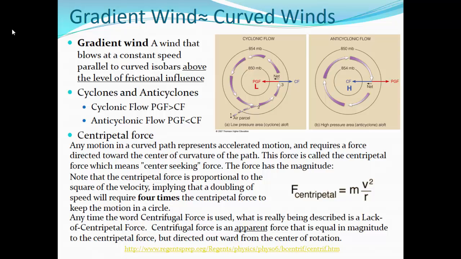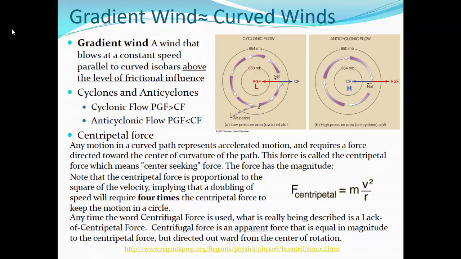And the reason why you get counterclockwise or clockwise is simply the fact that around an area of low pressure, the pressure gradient force increases and becomes greater than the Coriolis force, and so the air is pulled in and to the left.